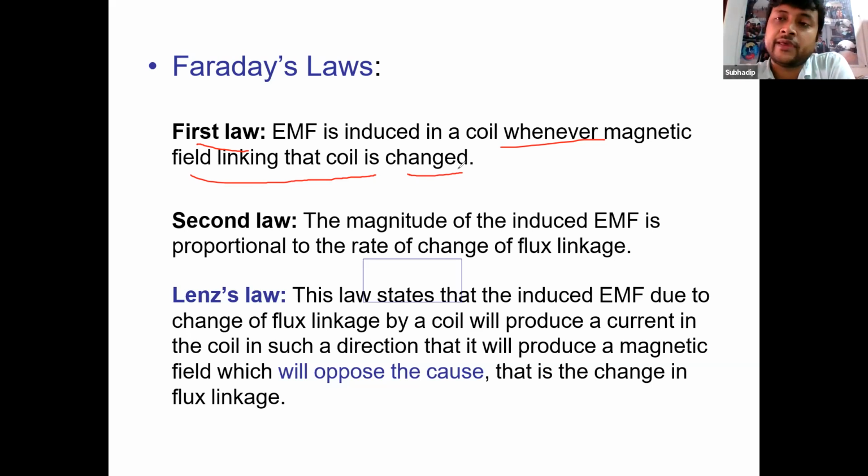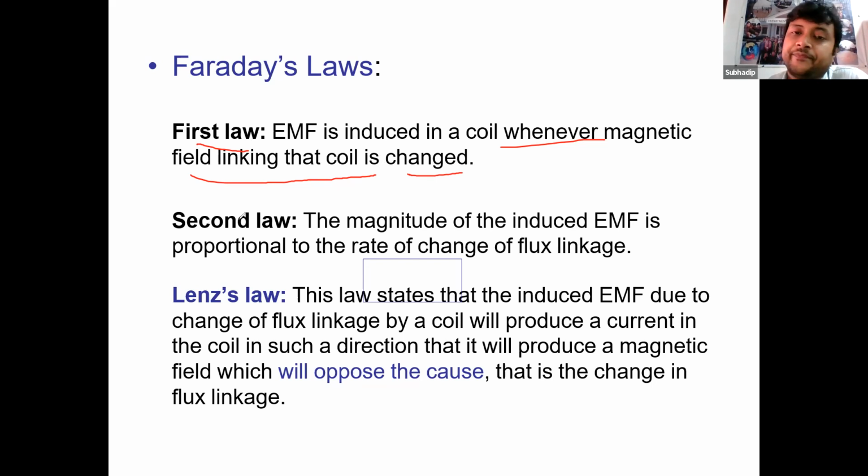So E is given by N d phi by dt. If there is a flux change, voltage will be induced in the coil. So EMF is induced in the coil whenever the magnetic field linking that coil is changed.